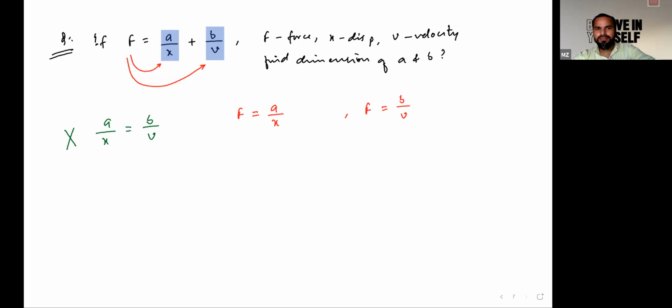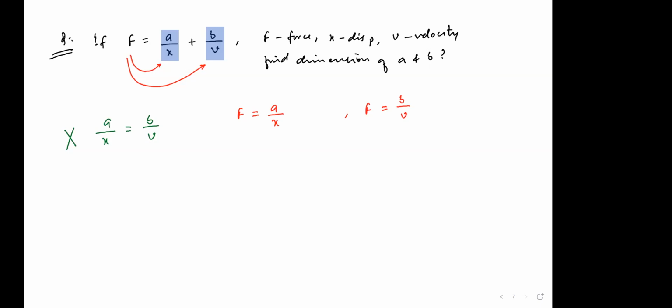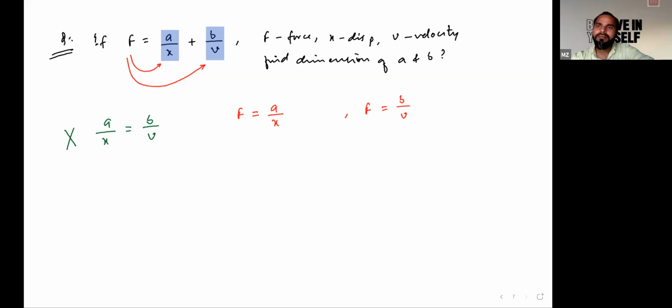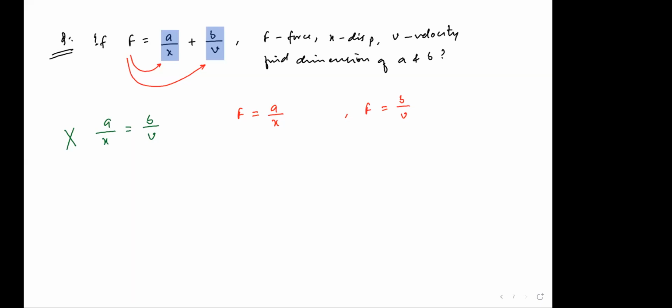Mariam, just check your answer once again. Sir, I have my answer. Can I send A and B? Yes, Shakir, I will send you the answers A and B. Okay.